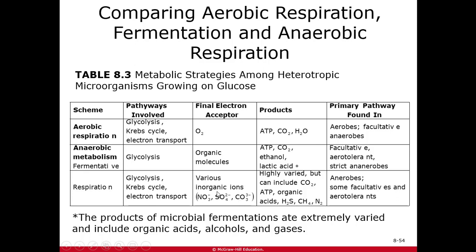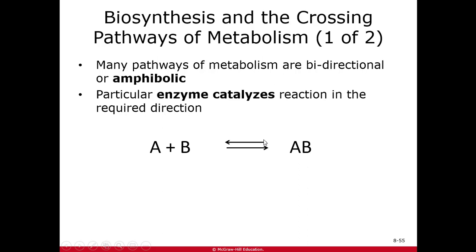Now, with all of the breaking things down and building things up, these catabolic and anabolic reactions during metabolism, most of these reactions are what we call amphibolic. It means they can go both ways. So you can take two molecules, my A and my B, and put them together in an anabolic reaction, and build them up to make a larger molecule called AB.